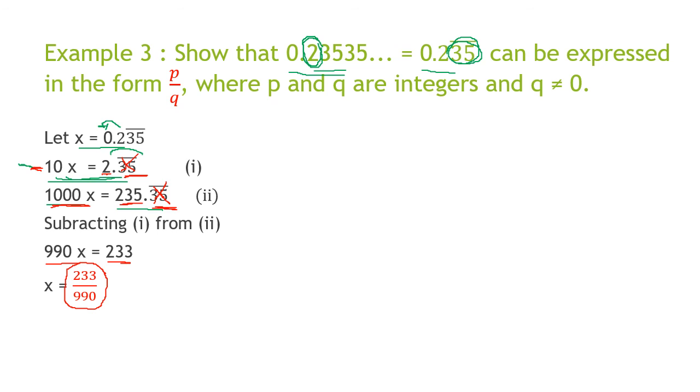And today I showed you that all rational numbers can be written in a decimal form. But in the decimal form, they will either be terminating, means they stop somewhere, or if it is non-terminating, it will be recurring.